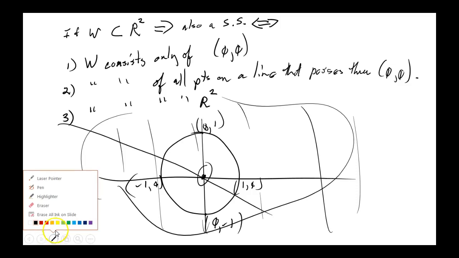We're going to talk about a subset of R2. I just did it. Okay, sorry about that. The unit circle, x squared plus y squared is equal to 1. That's the unit circle, not a subspace. Why? 0, 0 is not on that. That's the easiest one to check.